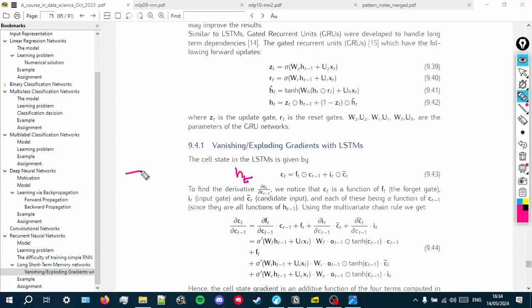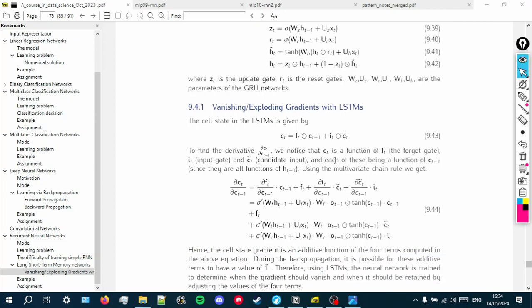So when we were doing the product of h of t over h of t minus 1, and doing the partial derivatives of each one, we had this big issue of the vanishing gradient due to the Jacobian matrix and due to having a really, really big power applied on the values that we get.